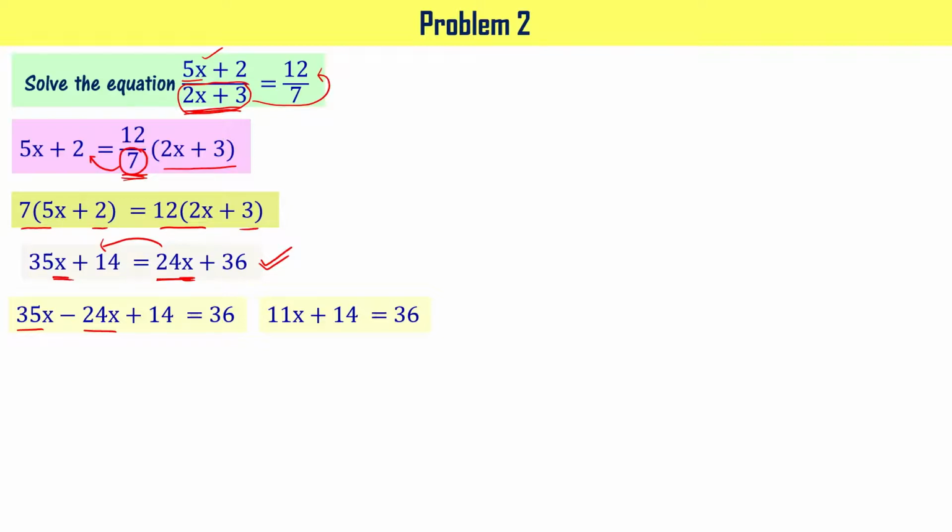In this particular case, the variable is on only one side of the equation. We know how to solve this equation now, right? So I'm going to transpose this plus 14 to the other side. When it goes to the other side, it becomes minus 14. Let me write that. 11x equal to 36 minus 14, right? So 11x equal to 22.